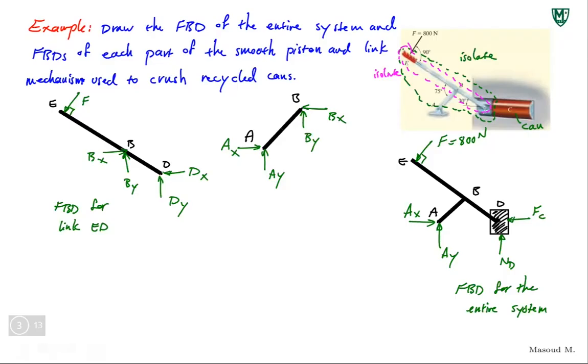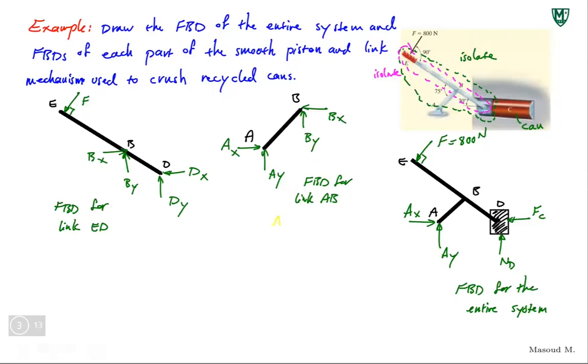Yes, it's a truss. But Elizabeth, that's what I was trying to say: if you write the equations of equilibrium for, let's say, link AB, you're going to figure out that the direction of BY is not correct.